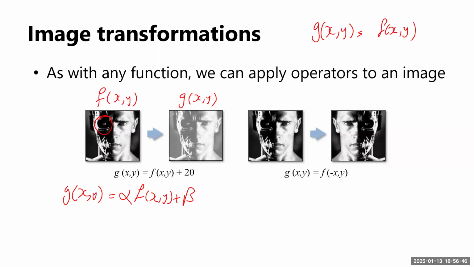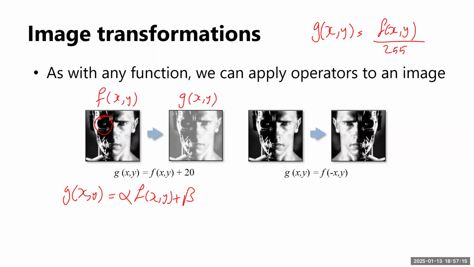But what is this operation? First, what is the maximum value I can achieve in the image? I will divide the value of f of x over it. So any pixel value, which goes from 0 to 255, will be divided by 255.